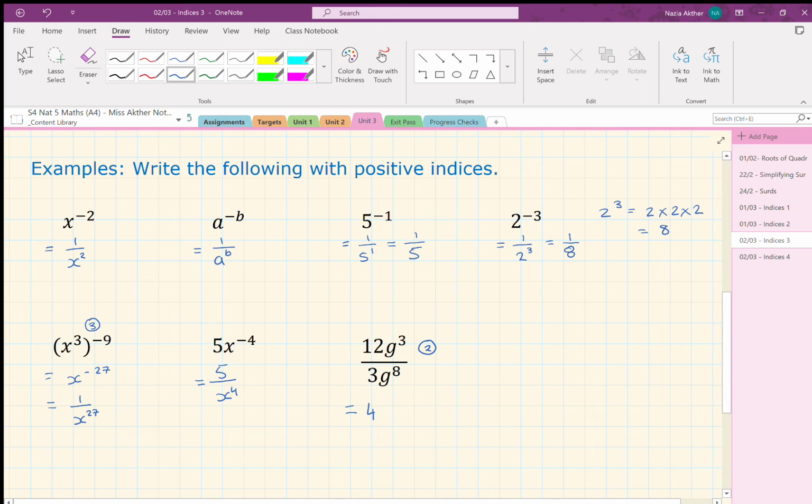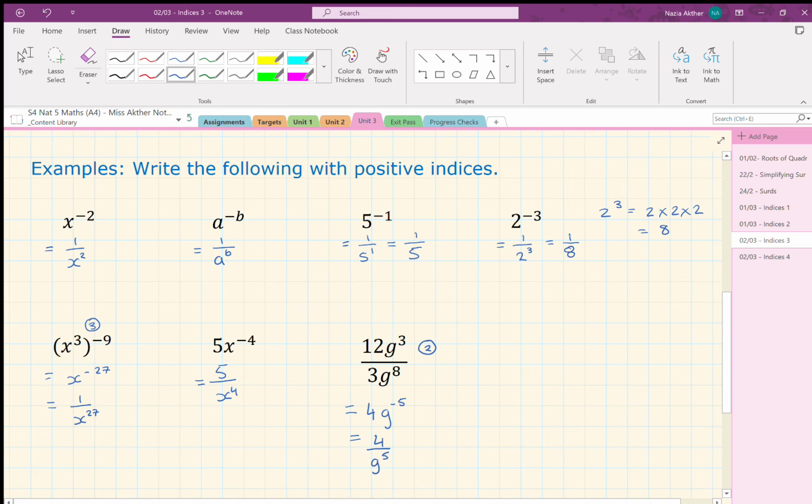Then I need to do g cubed divided by g to the power of 8. And when we're dividing expressions with powers, we're taking away. So we're doing 3 take away 8. So then that becomes minus 5. So I've got g to the power of minus 5. Now I need to change this answer so that it has a positive index. So that will then become 4 over g to the power of 5.